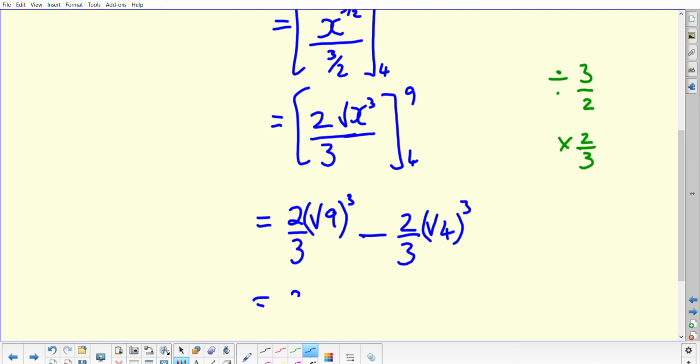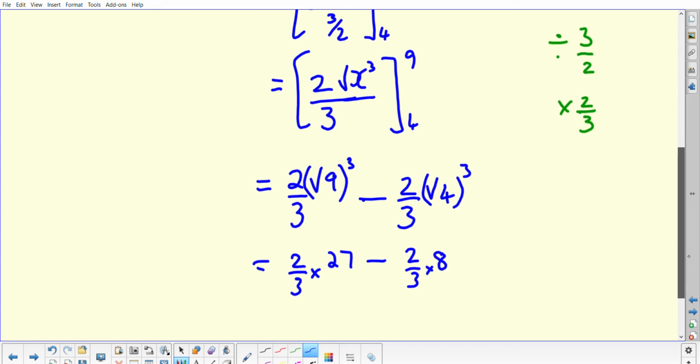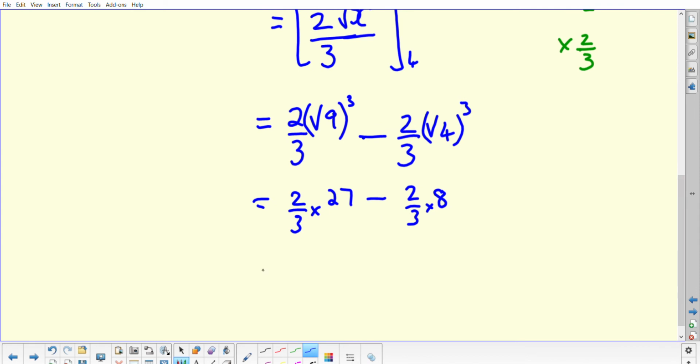So 2/3 times square root of 9 is 3, 3 cubed is 27, minus 2/3 times square root of 4 is 2, times 2 cubed is 8. Now clearly that first fraction multiplication is going to simplify if I could cancel.